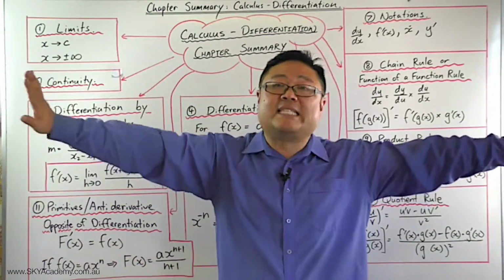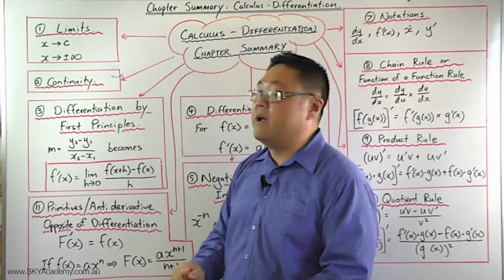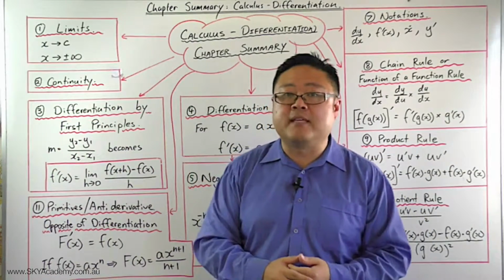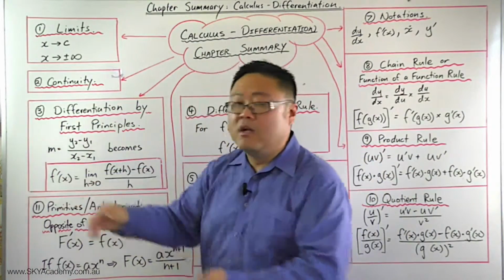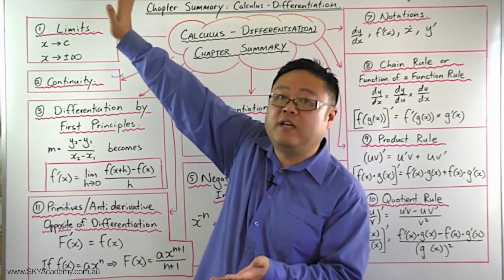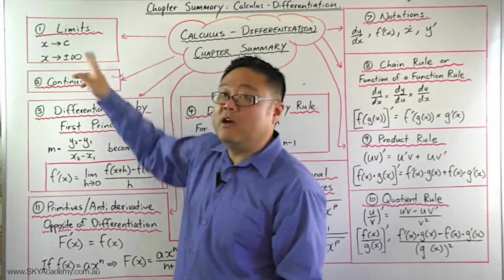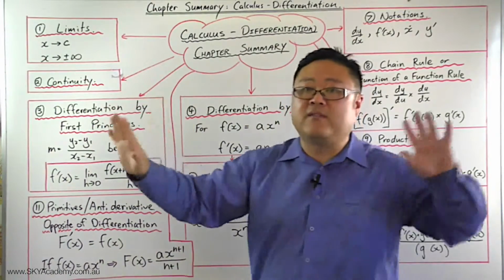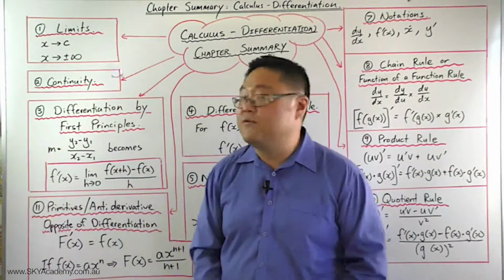It extends forever to the right and to the left, and you want to examine what happens there. Does it approach a specific value, like the x-axis, or does it shoot off into infinity itself? So that's often worth examining: the limit of a function as it approaches positive and negative infinitely large values.